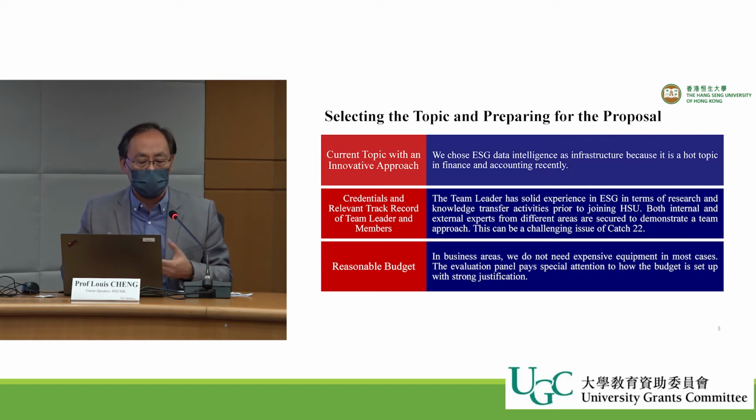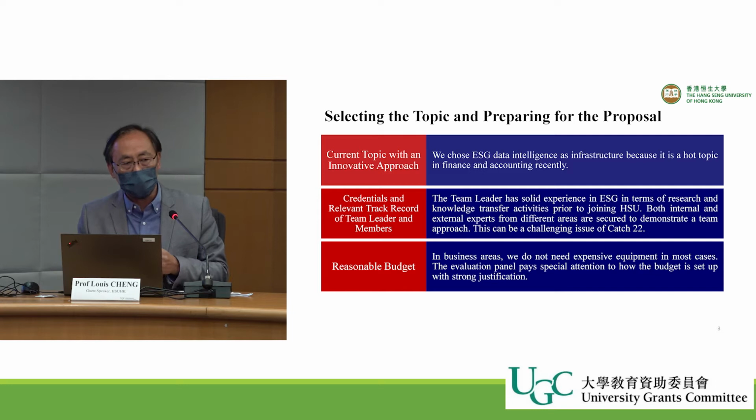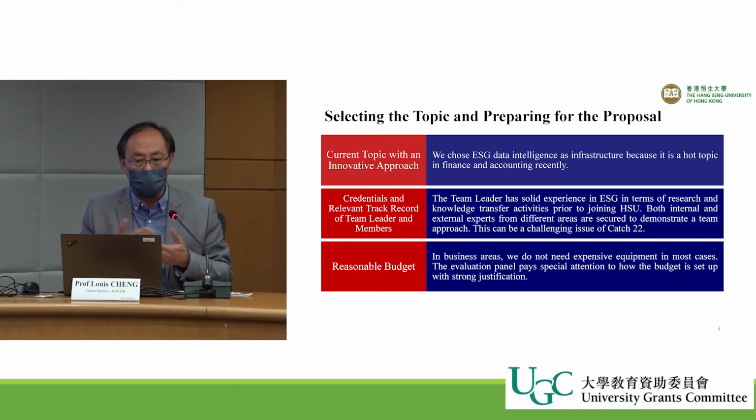So I used that experience and knowledge to pick a topic I believe is impactful to society, in terms of both academia and industry. Second, the credentials of the team, especially the team leader, must be relevant. So in the proposal, I tried to emphasize past experience and successful records in funding, research, writing book chapters, and running conferences and workshops.